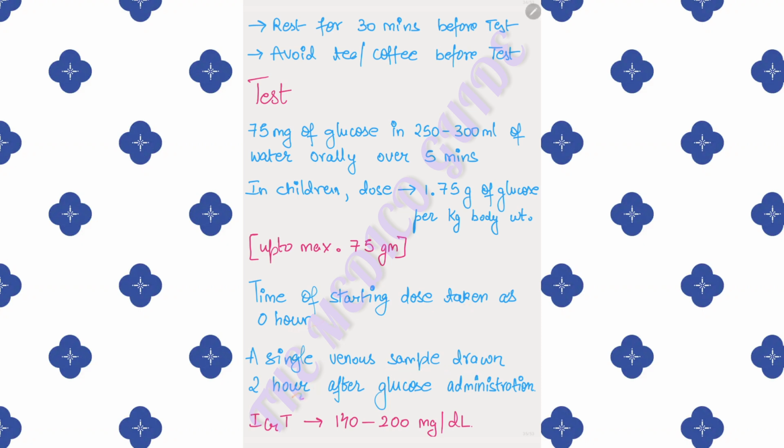A single venous sample is drawn 2 hours after the glucose administration. If the values are between 140 to 200, it is termed impaired glucose tolerance, and the patient is taken up as a diabetic or pre-diabetic one, and then followed up based on the values of the oral glucose tolerance test.